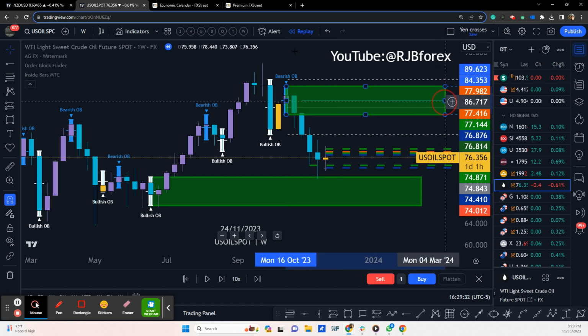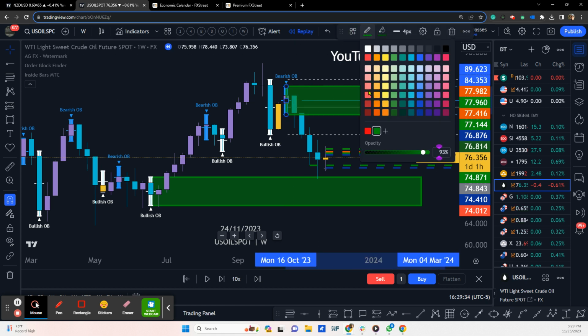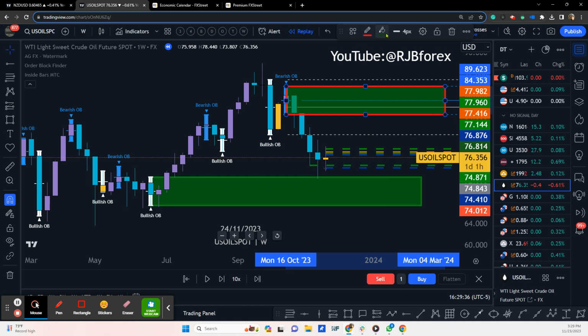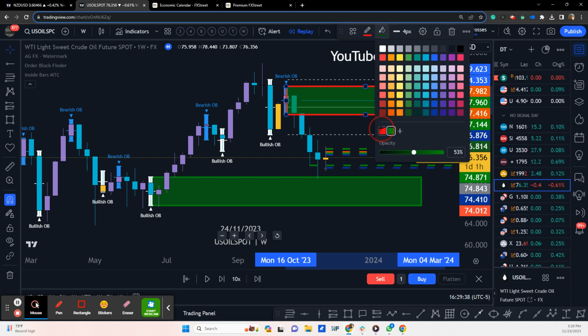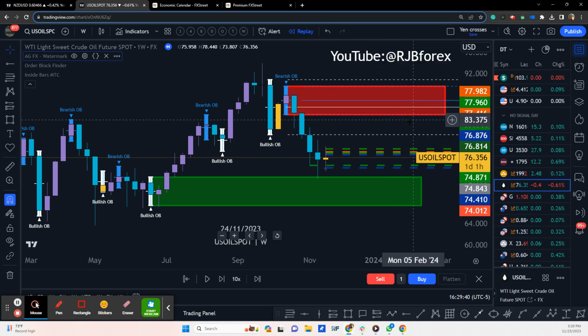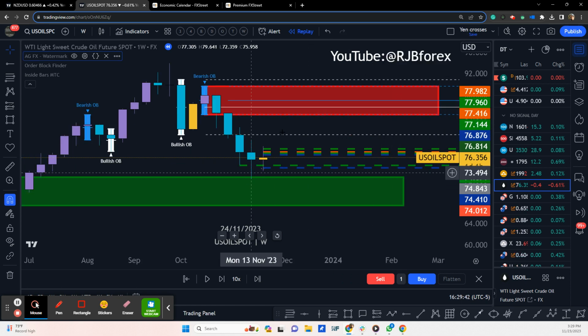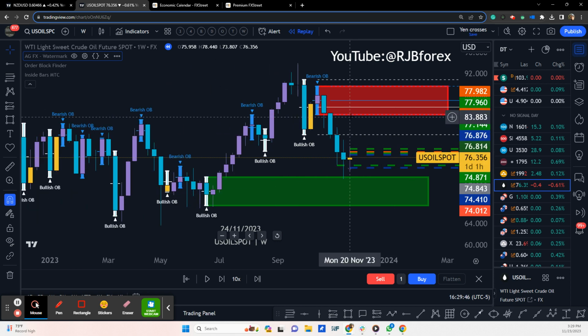But I like to use it on the weekly, the daily, and the 4 hour chart in the main. We could use it also on the hourly chart, but it becomes quite cluttered. But we'll come to that in a moment.